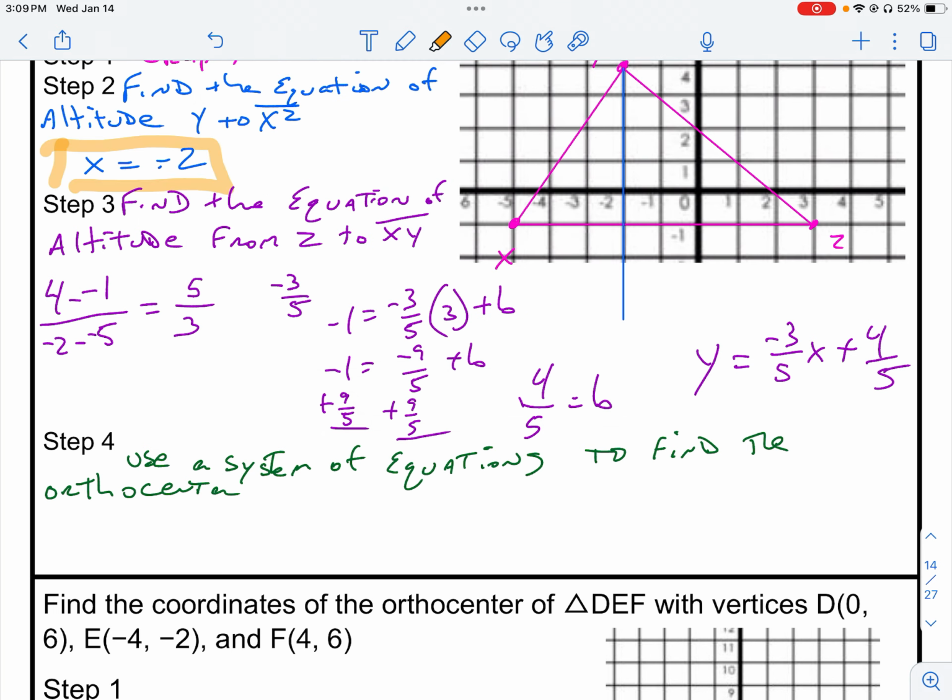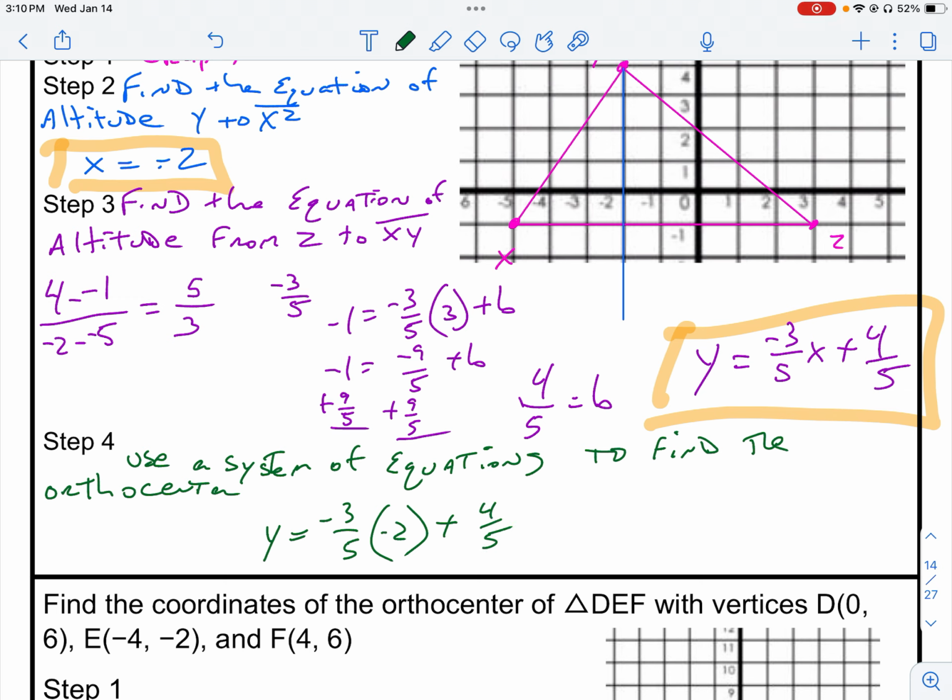So I have this equation and I have this equation, so x equals -2. So it's going to be somewhere on this line, x equals -2. So I'm going to plug my -2 into my equation. So y equals negative 3/5 times -2 plus 4/5.